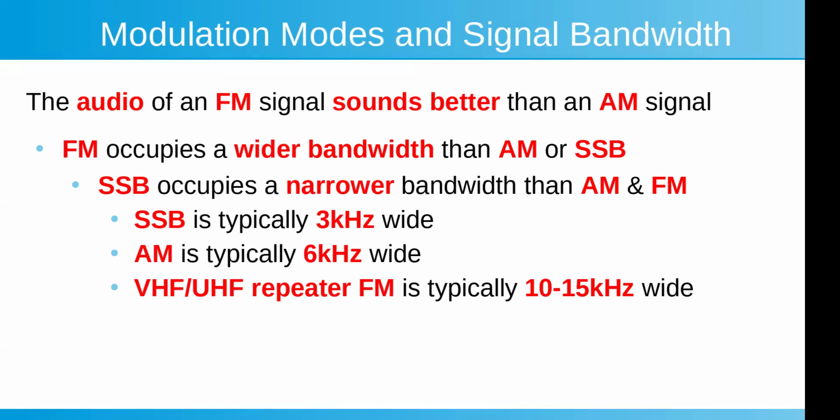Single sideband is yet again narrower than AM because you're only doing one of the sidebands, so it's 3 kilohertz wide, where your AM in the amateur bands is going to be 6 kilohertz because it's got both sidebands, and the width of the carrier is theoretically 0. In the VHF, UHF range with a repeater or your handy talkie, you're looking at 10 to 15 kilohertz.